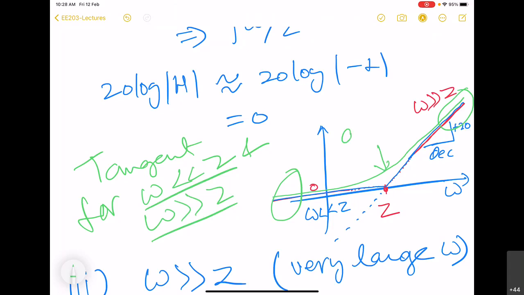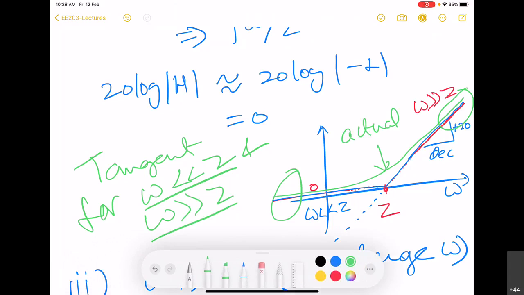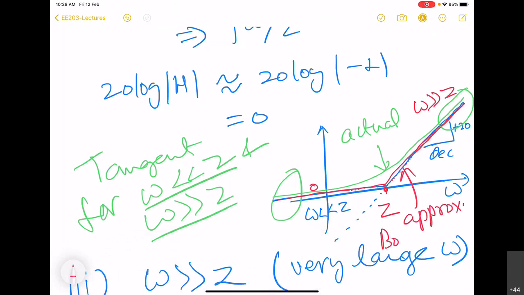So this is the actual, and this red one is the Bode plot. Right.